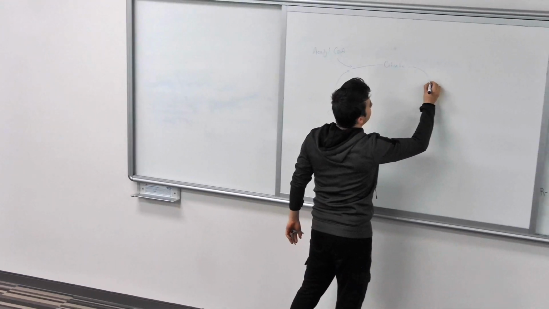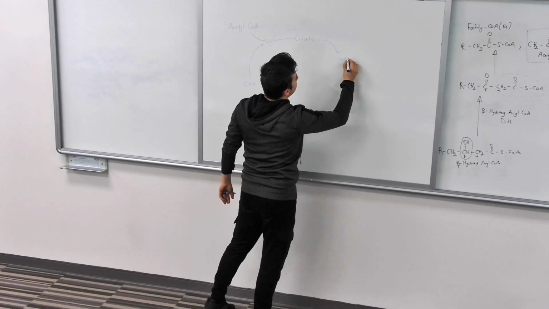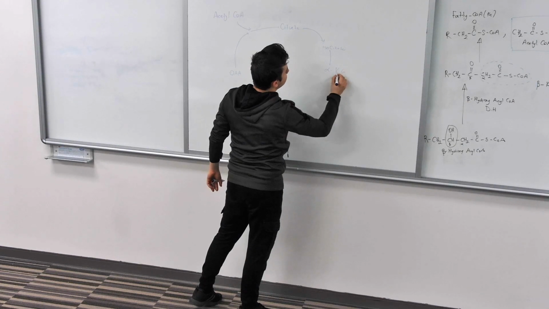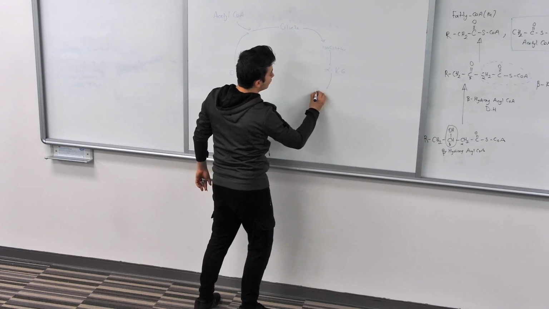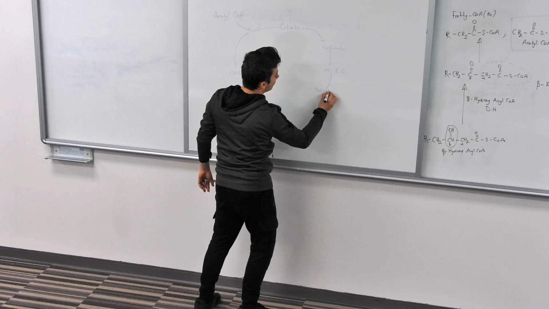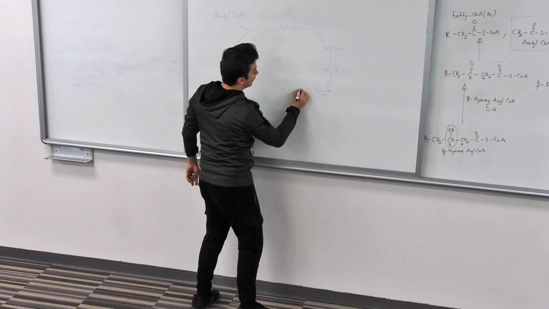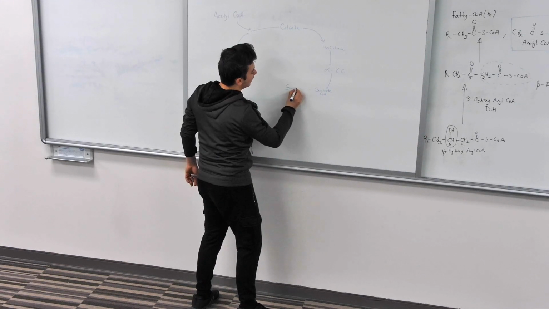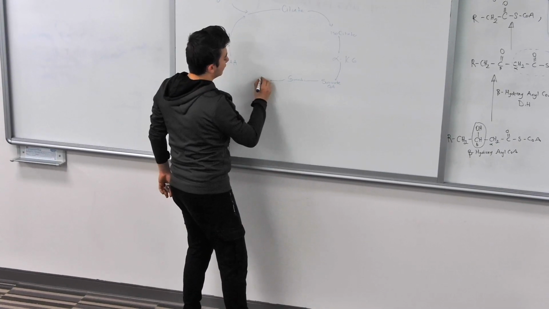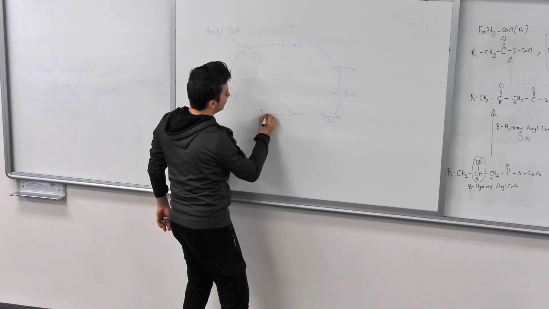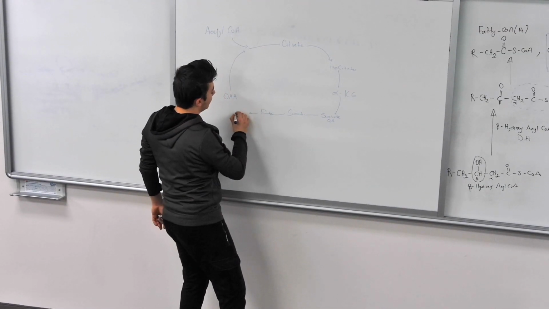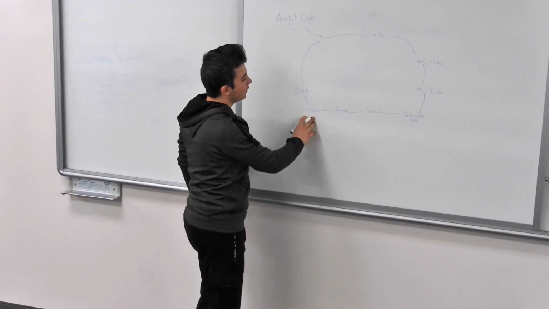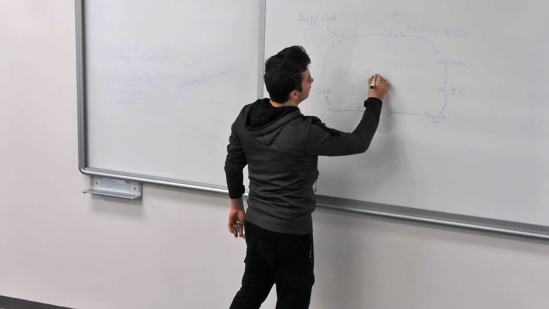Citrate, and then isocitrate, alpha ketoglutarate, and then succinyl coenzyme A, and coenzyme A is getting out, and the left one is succinate and fumarate and malate and oxaloacetic acid. That was the TCA cycle.